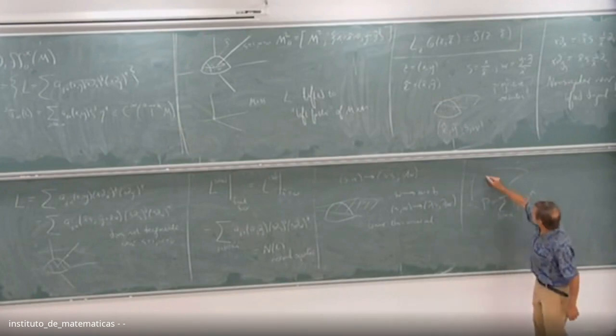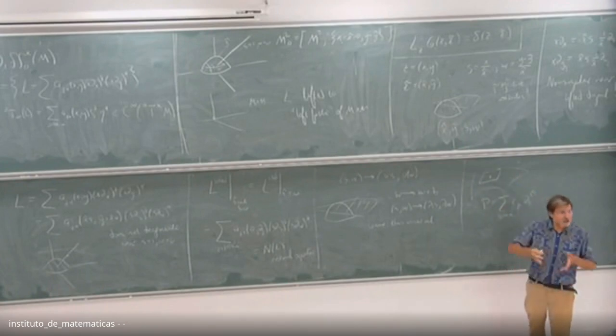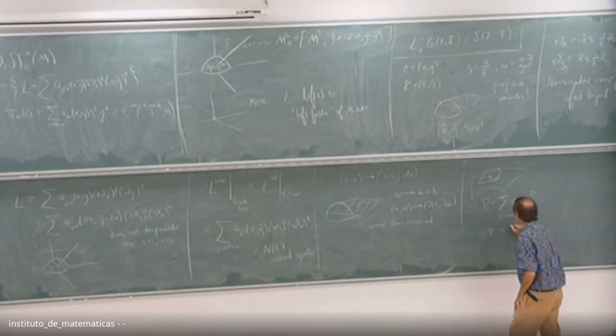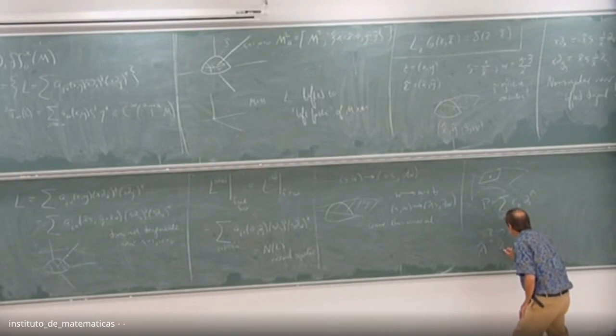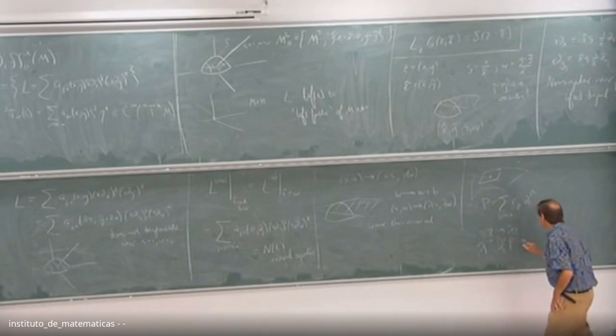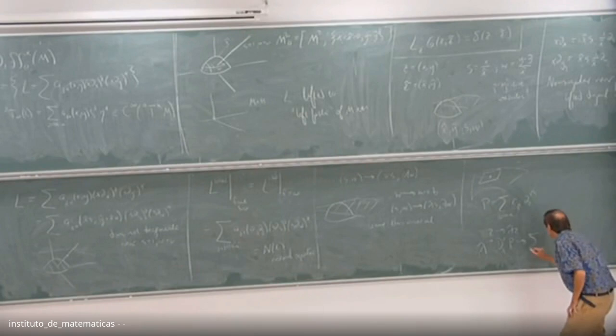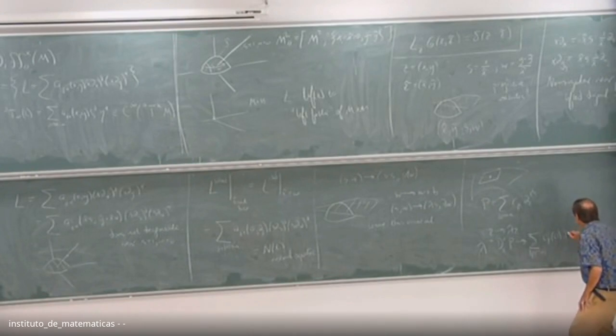Freezing coefficients here really means I lift it to the tangent space, I start dilating the hell out of it, right? So I replace z goes to lambda z, and I look at lambda to the minus m times the dilation pull back, and this converges as lambda goes to 0 or infinity. You have to work out yourself for which, I forget. This converges to the sum over |beta| equals m of c_beta at the center point, 0 let's call it, times ∂_z^beta. Here z is a linear coordinate on the tangent space at this point.